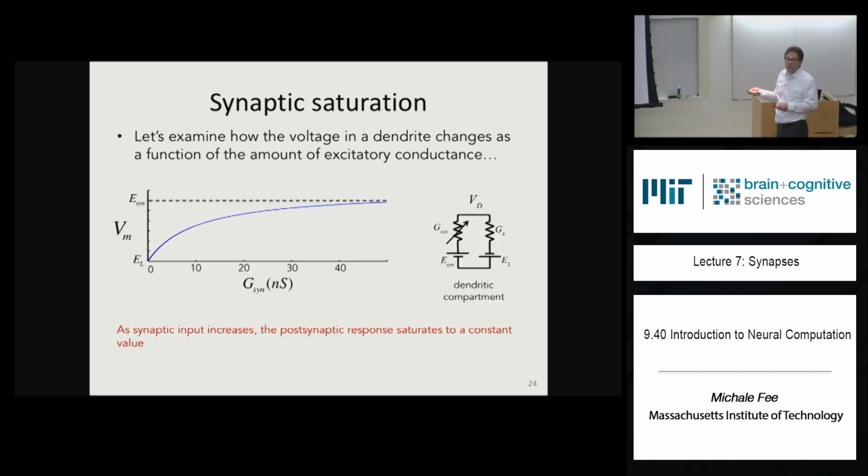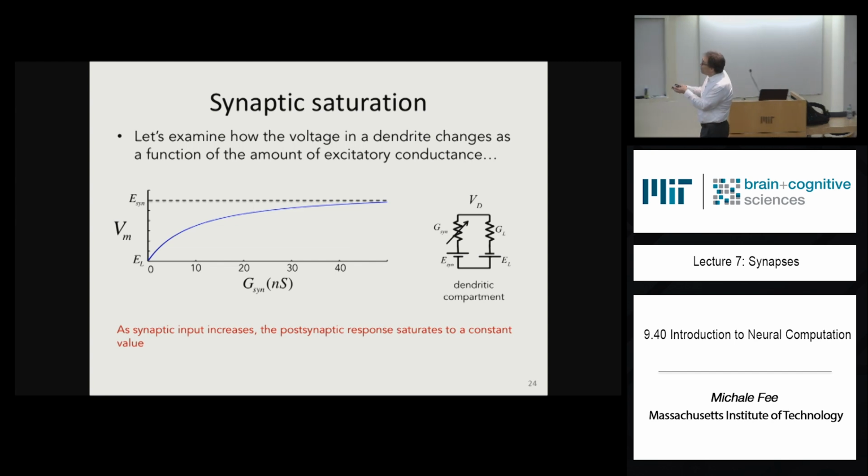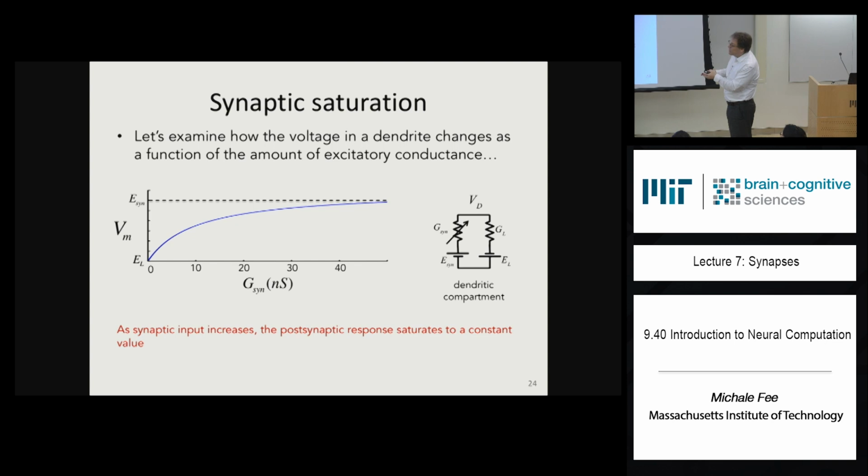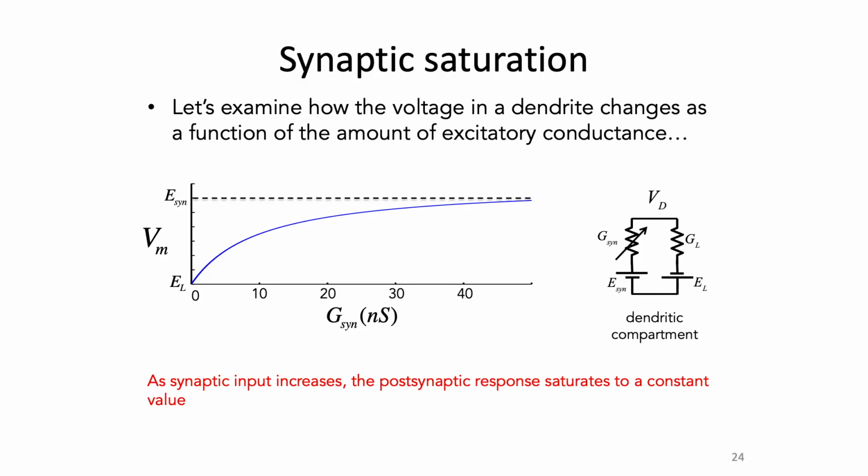What I'm going to show you is that the voltage change in the dendrite with zero conductance, of course, is sitting there at the potassium reversal potential, or E leak. And as you add conductance, it corresponds to making that resistor smaller.